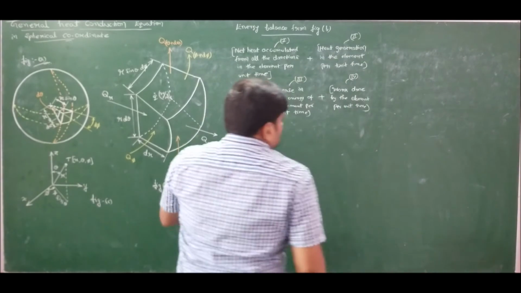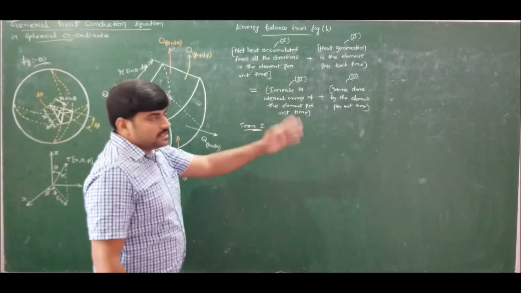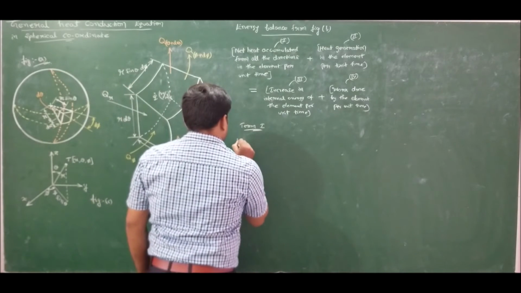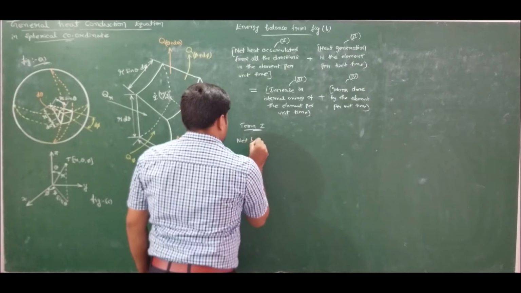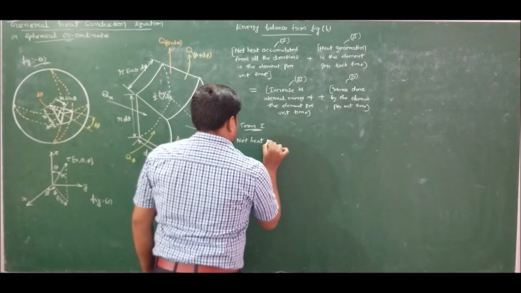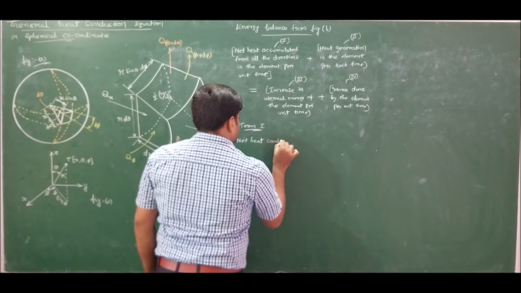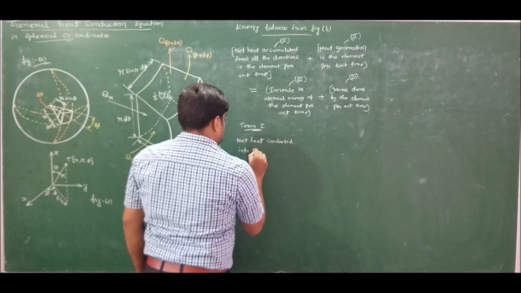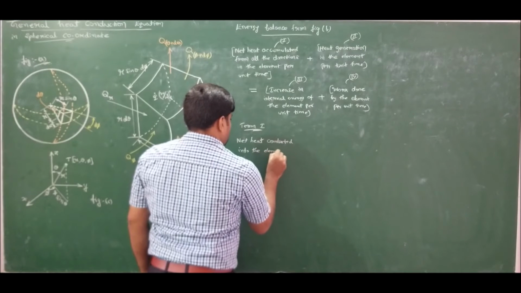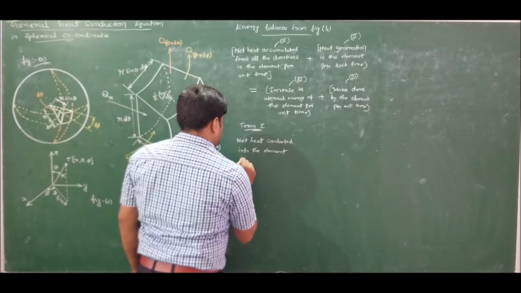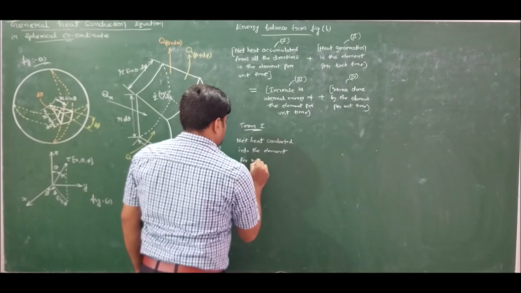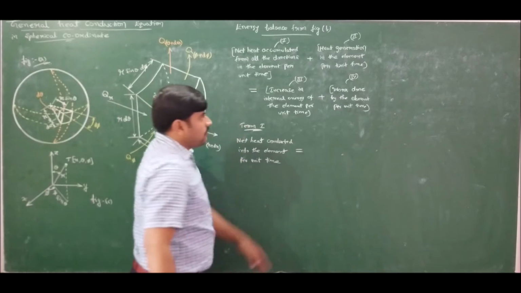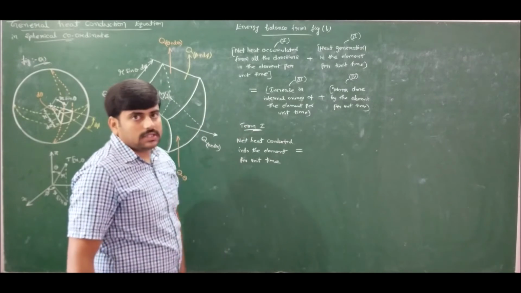Now, if I substitute all three terms that we got, term 1, that is the net heat conducted or accumulated into the element per unit time, will be equal to the sum of the terms we got in all three directions.